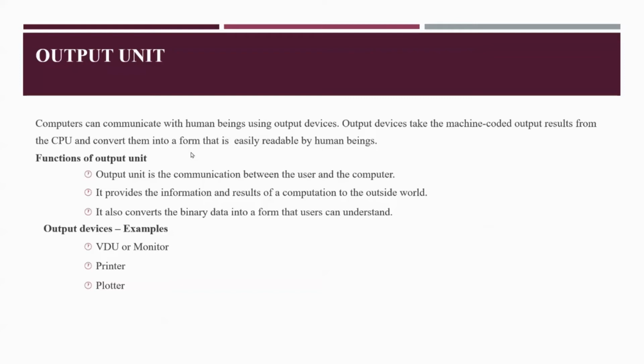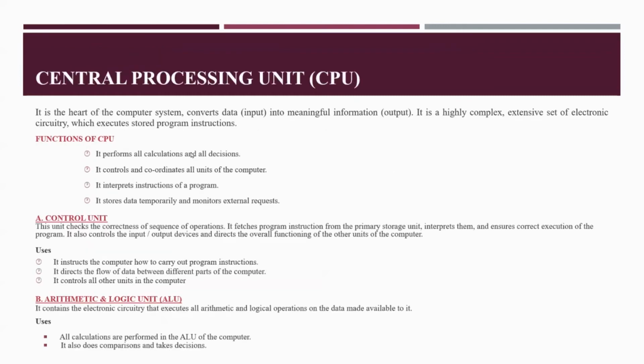Third, the data processed by the CPU will be in the form of binary, because a computer can understand only the binary language, but human beings may not be able to understand it. So we need to convert this binary data into a form that is understandable for human beings. This function will also be carried out by the output unit.